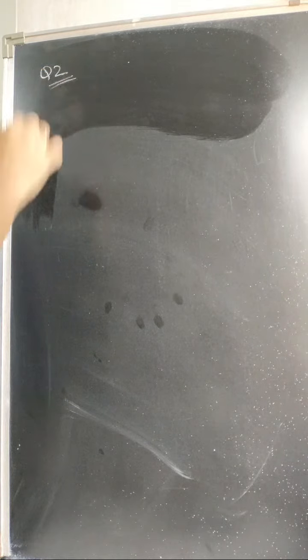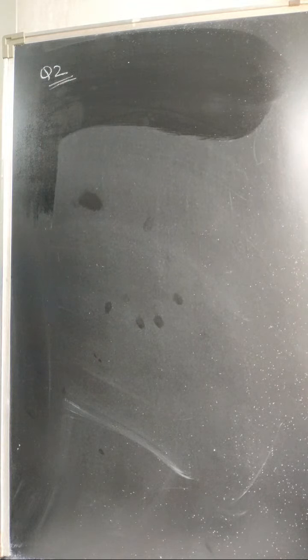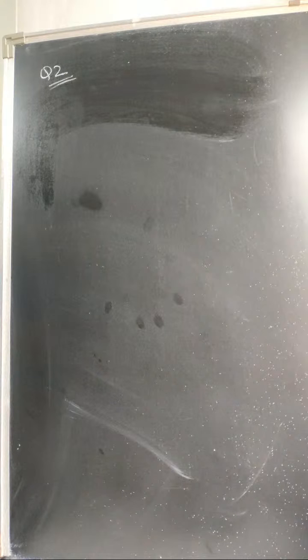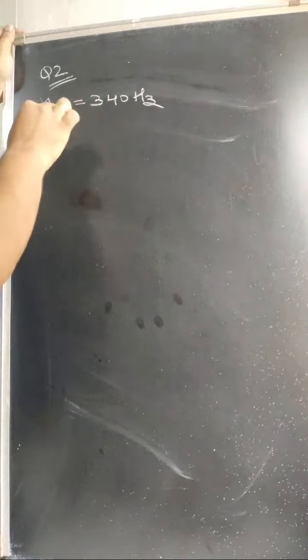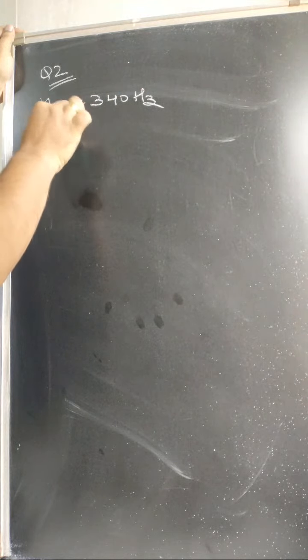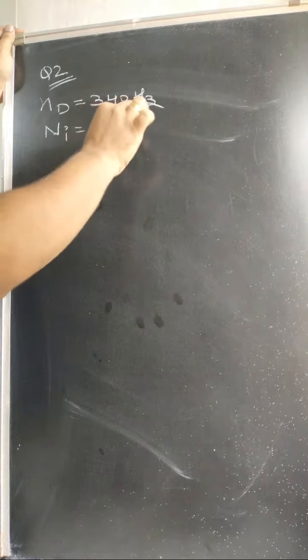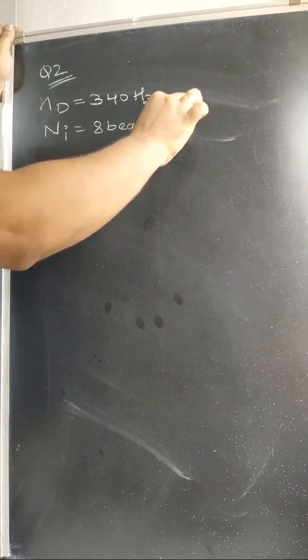So pay attention, question 2 is a very interesting question. A tuning fork C produces 8 beats per second with tuning fork D of frequency 340. So frequency of D is 340 and number of beats initially is 8 beats per second.